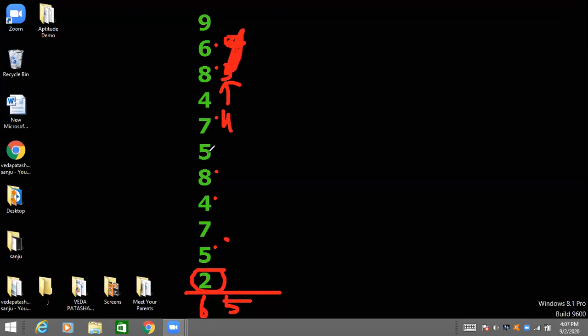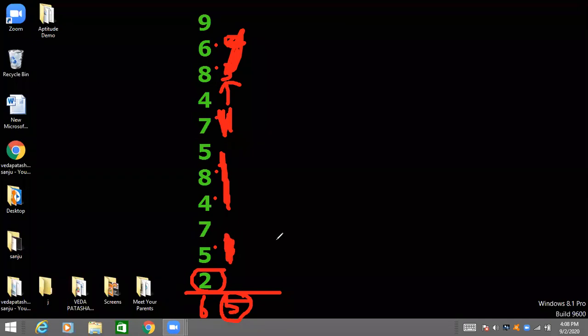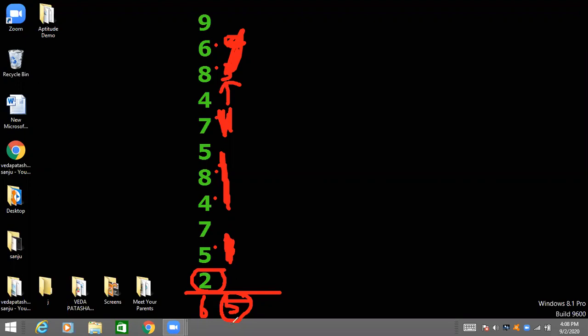Then 4 plus 5, 9. 9 plus 8, 7. Forget. 7 plus 4, 11. Forget. 1 plus 7, 8. 8 plus 5, 3. Forget. Finally, 3 plus 2, 5. We need only this. Understood? Then count the number of dots. 6. 65 was the answer.